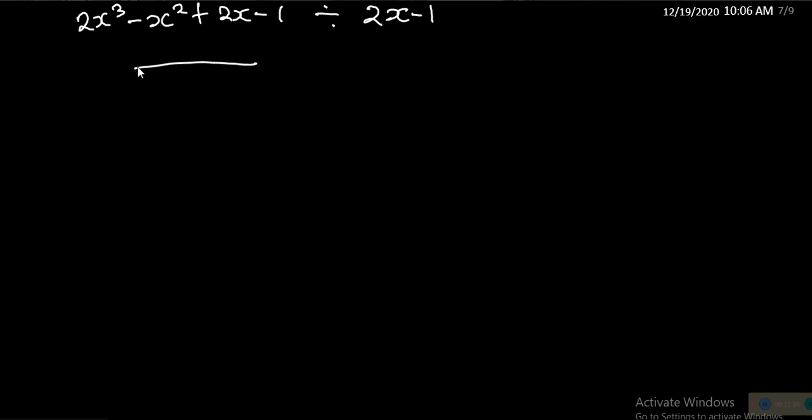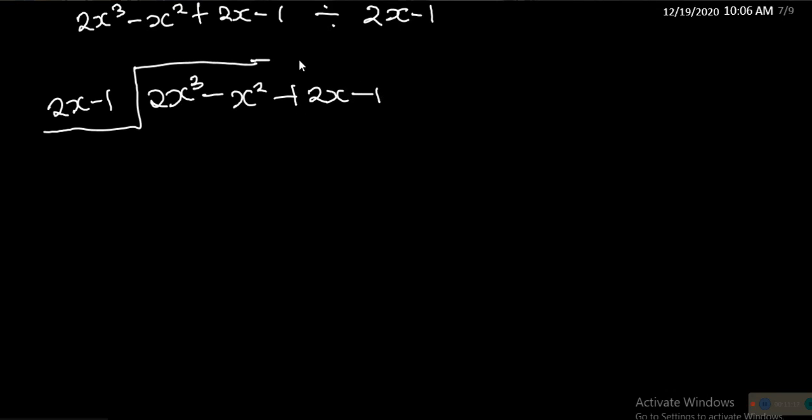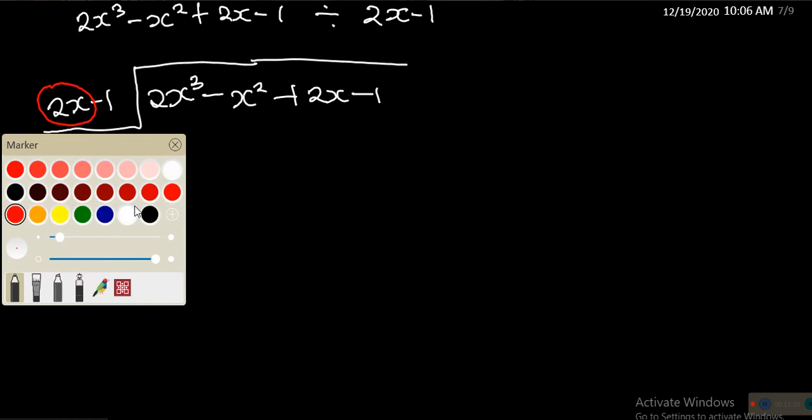So you draw the division symbol, write the divisor outside, and write the dividend inside. Now for our divisor in this case, we are going to use the term with the highest power of x, which is 2x.